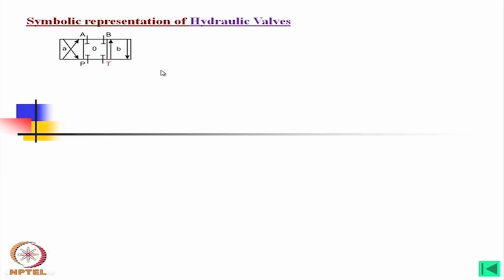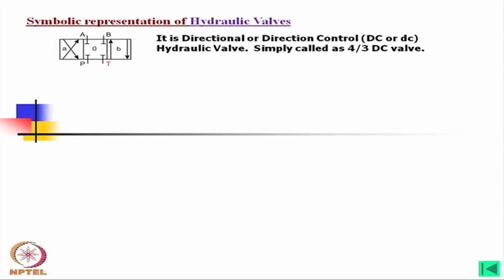Now what is it? It is direction control, in short form DC, a DC hydraulic valve, simply called a 4/3 DC valve.